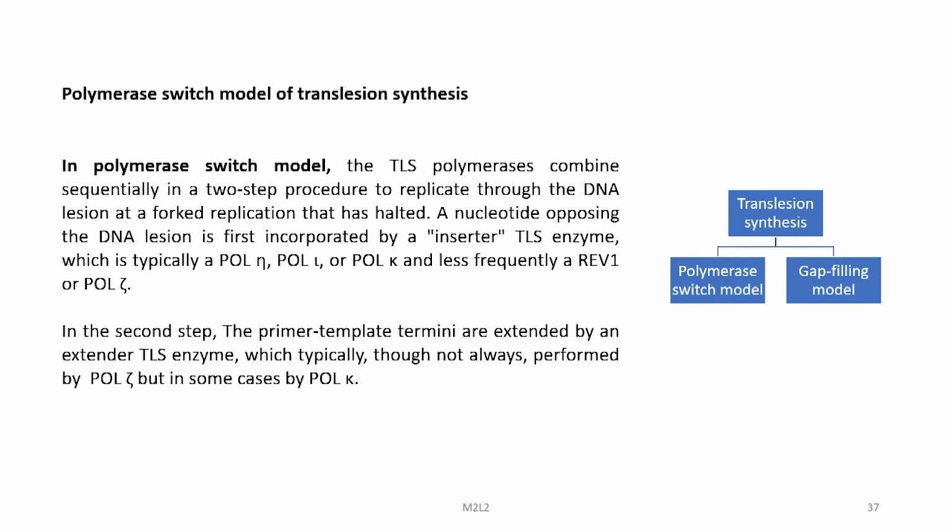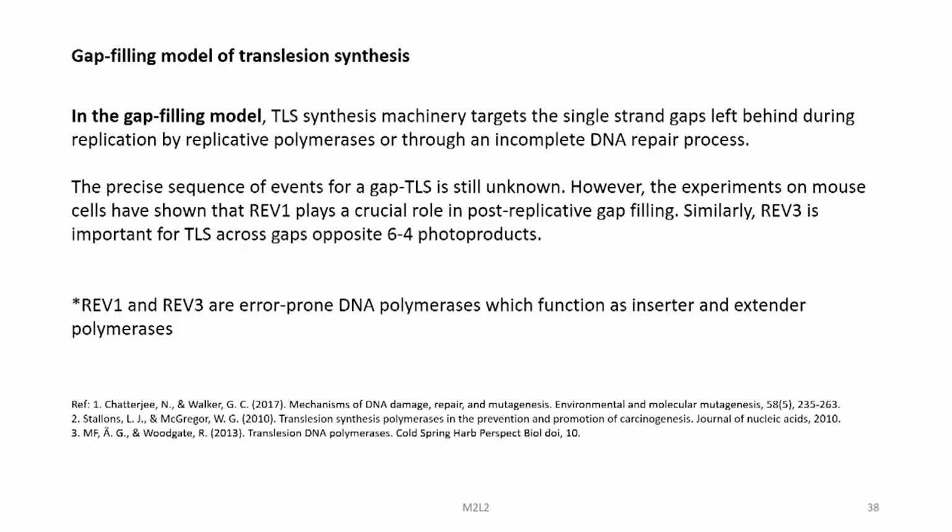A nucleotide opposing the DNA lesion is first incorporated by an inserter TLS enzyme, and it has various members, as you can see in this list. In the second step, the primer template termini are extended by an extender TLS enzyme, which is typically Pol zeta, but in some cases by another enzyme called Pol kappa.